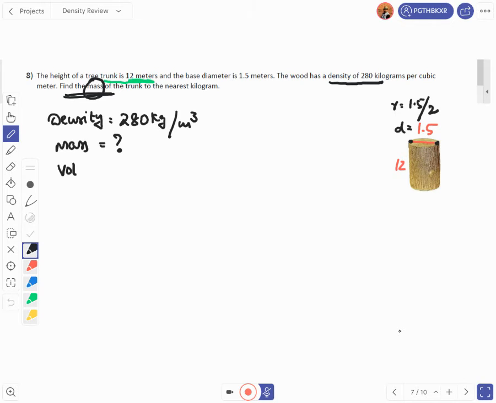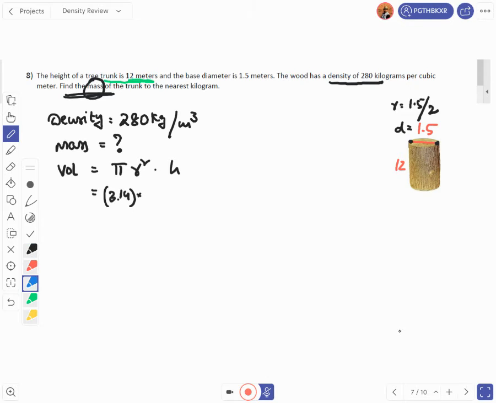When it comes to volume, I have to take the volume of a cylinder. You see that this is in the shape of a cylinder, therefore volume of a cylinder is pi r square times height. So pi is 3.14 or maybe 22 over 7, either value can be taken.